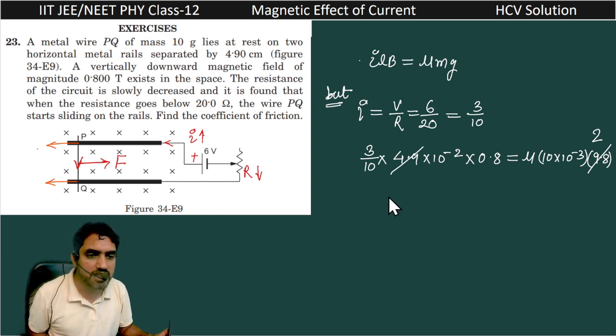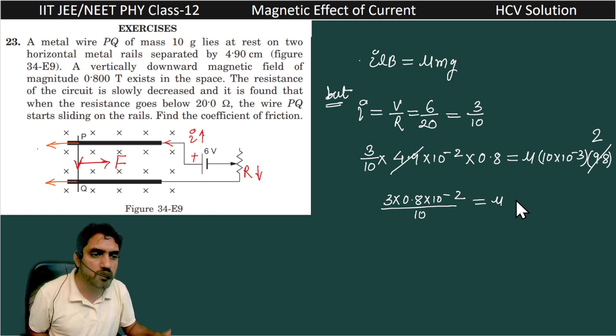So 3 into 0.8 into 10 raised to power minus 2 divided by 10 is equal to mu into 10 into 2, which will become 20 into 10 raised to power minus 3.